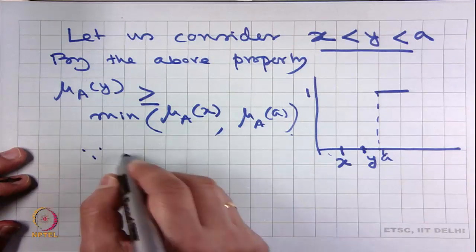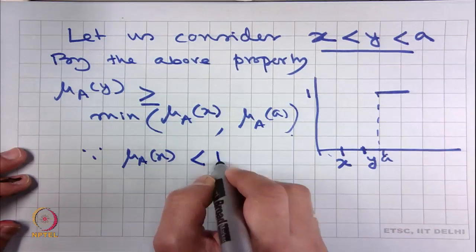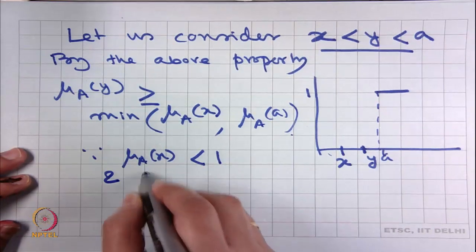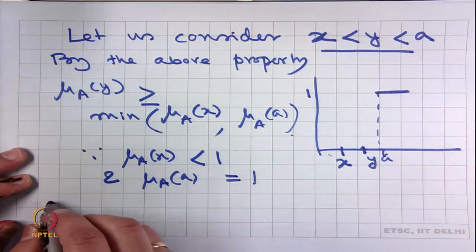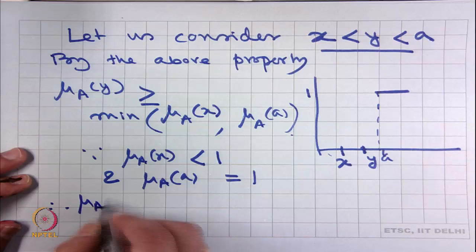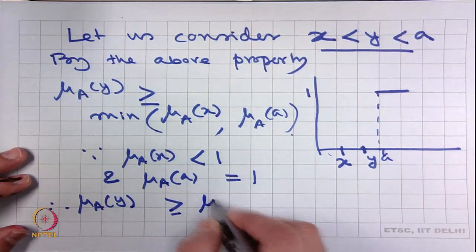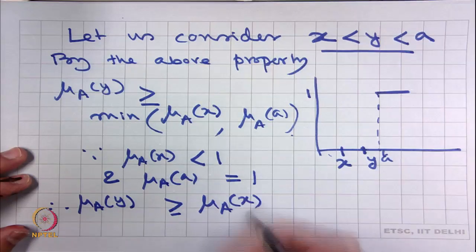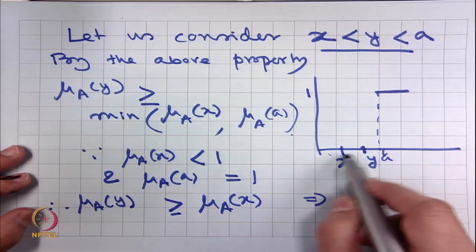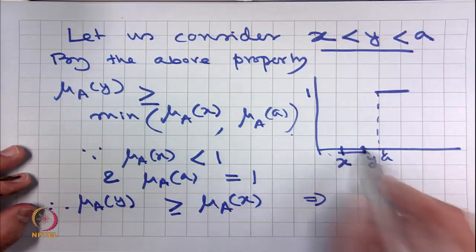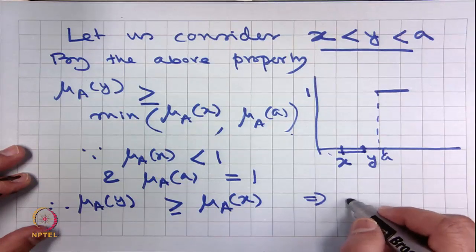since mu A x is less than 1 and mu A is equal to 1. Therefore, mu A y is greater than equal to mu A x, implies as I am going from x to y, the function is non-decreasing.